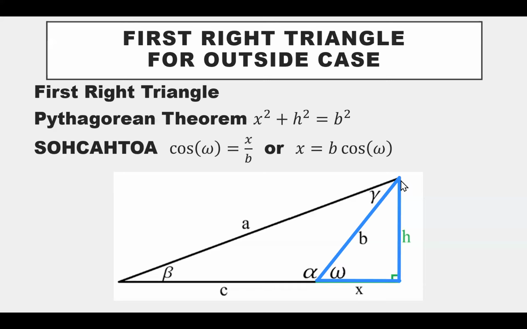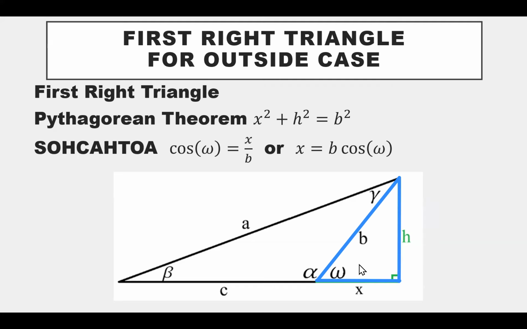So the first right triangle is the one that I've highlighted in blue here. I'm calling that the first right triangle. And you can see that it has legs of x and h and hypotenuse of b. X is just however long we had to extend this side out until it hit the altitude. So because of the Pythagorean theorem, x squared plus h squared will be equal to b squared.